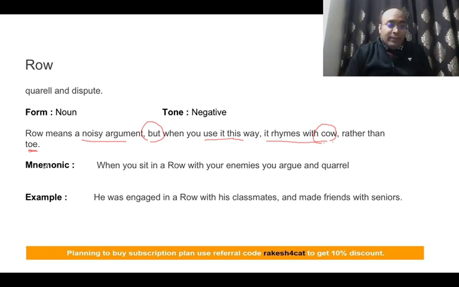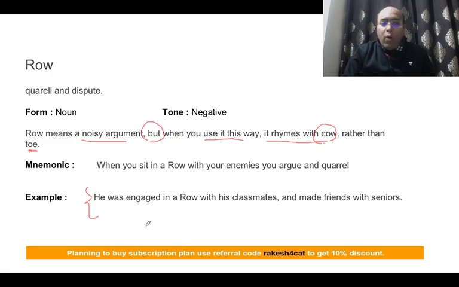So we have one sentence here. It says that he was engaged in a row with his classmates and made friends with the seniors. So because he did not share friendly relationships, or he was not able to get friends in his classroom, he made friends with the seniors.